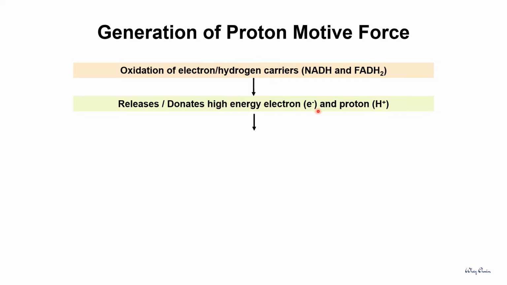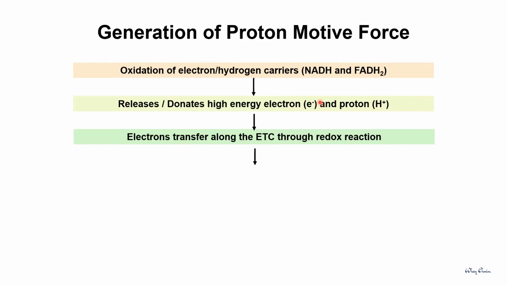So the electrons and the hydrogen, once they have been released from the NADH and FADH2, the electrons will be passed along the ETC through redox reaction.